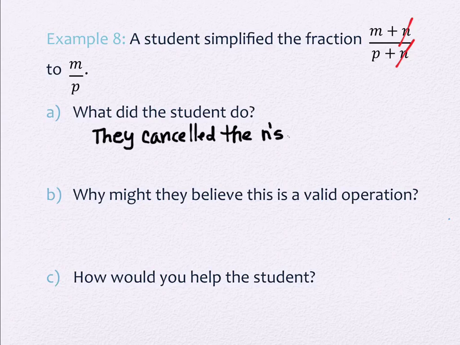Because when you're dividing stuff, where there's a number over a number, if they're the same, in different types of equations, you can cancel them out. Okay. Do you remember in what types of equations? Multiplication. Can we do this if the numbers were multiplied? Yeah, we can. This operation works if everything were multiplied on top and multiplied on bottom. So that's probably where they're getting that notion from, is this idea of multiplication.